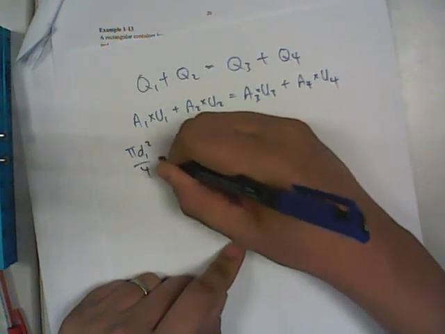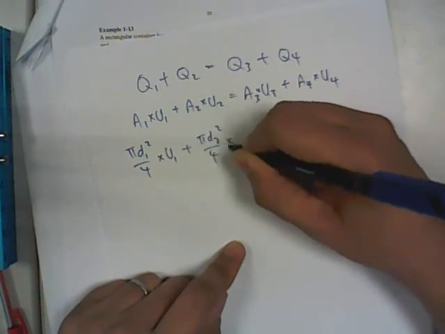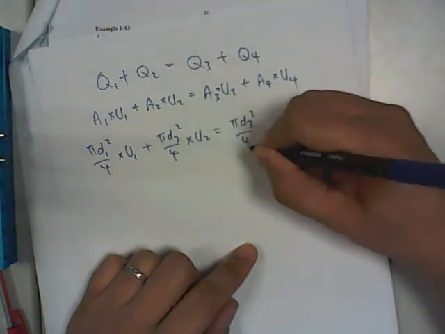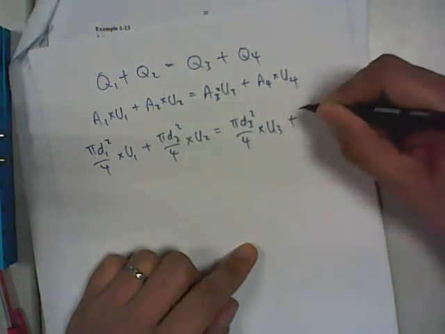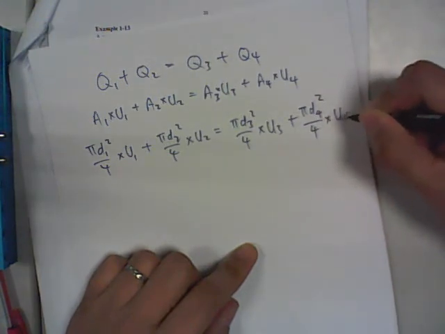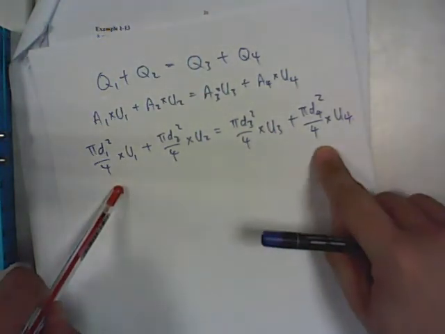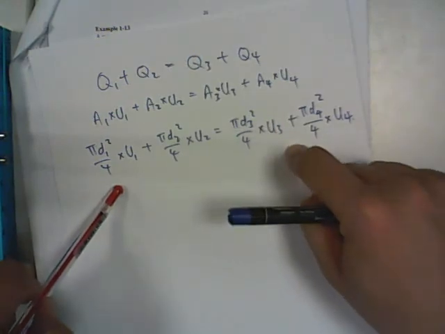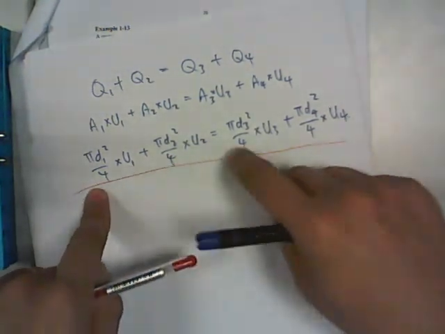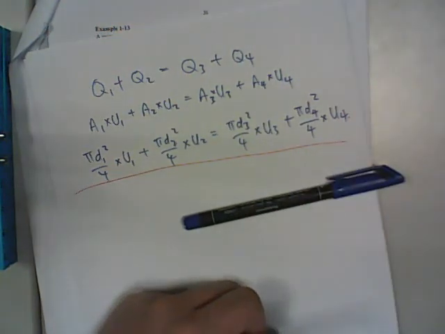So it's pi d1 squared over 4 times u1, pi d2 squared over 4 times u2, pi d3 squared over 4 times u3, and finally pi d4 squared over 4 times u4. This equation is derived based on incompressible flow and circular pipes, and you can use it to solve for the required unknowns.